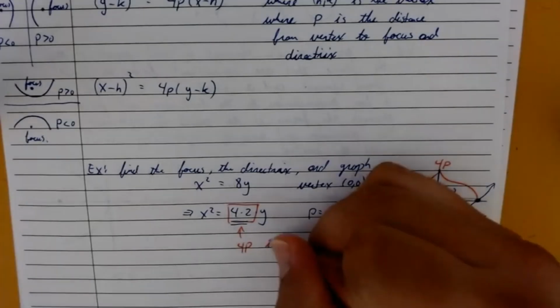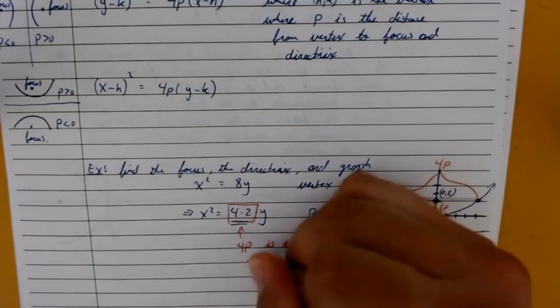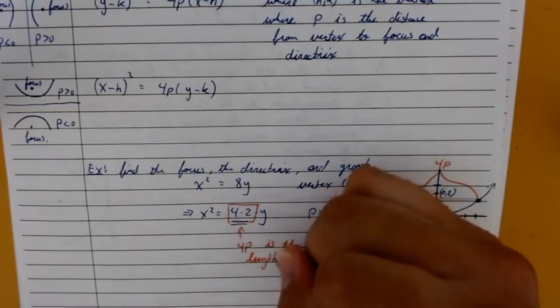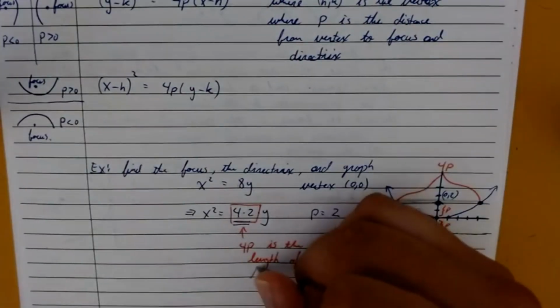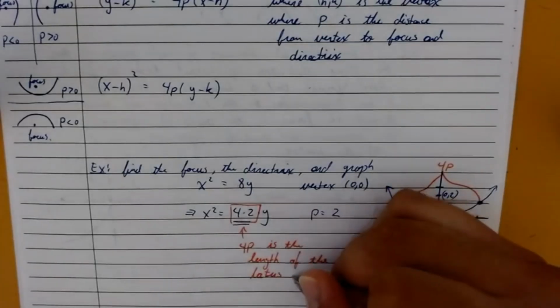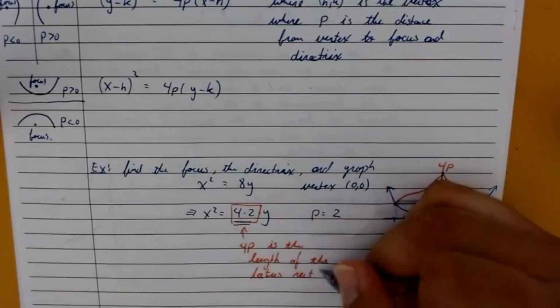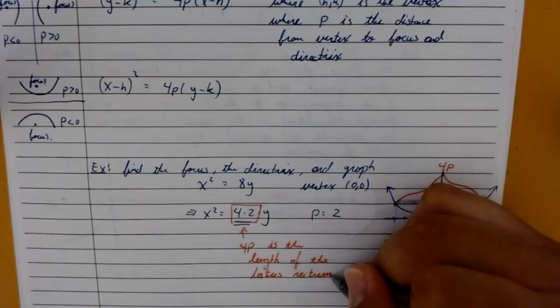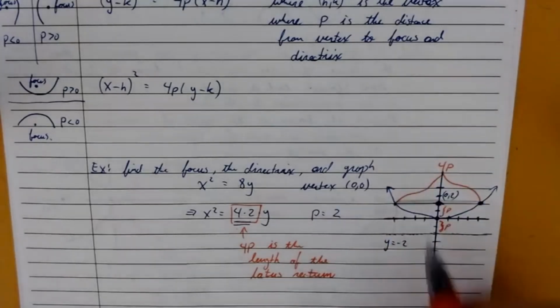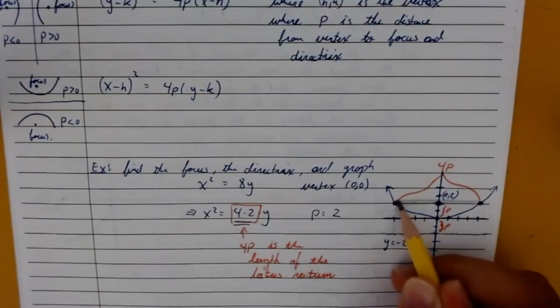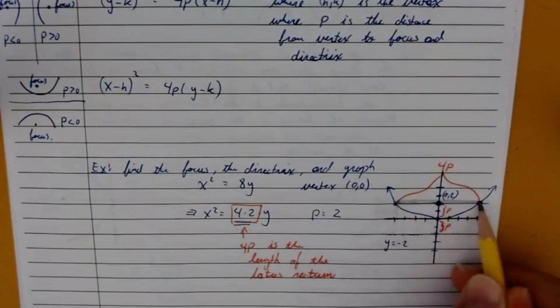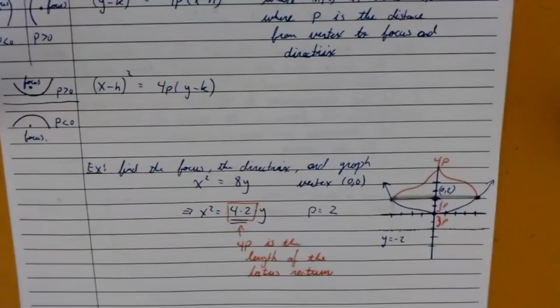So 4p is the length of the latus rectum, where again the latus rectum is not actually part of the graph. However, it is the imaginary line that connects these 2 points across the focus.